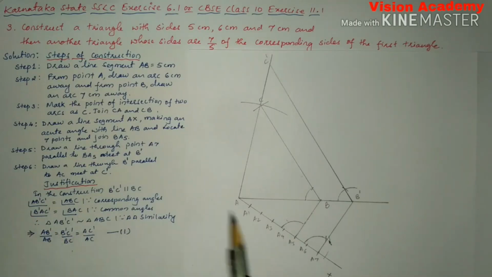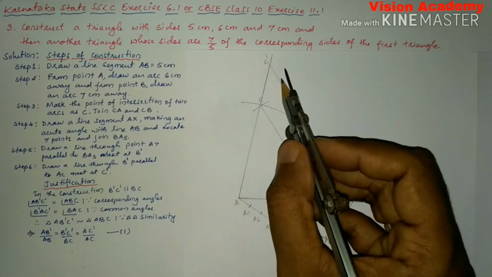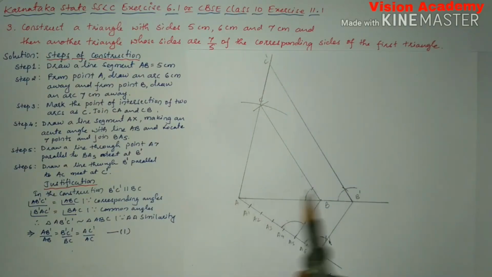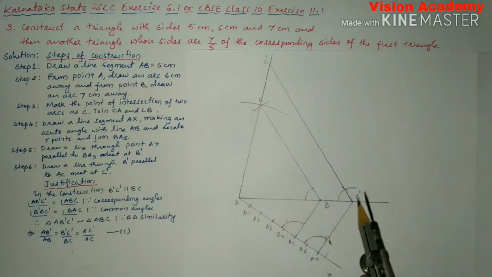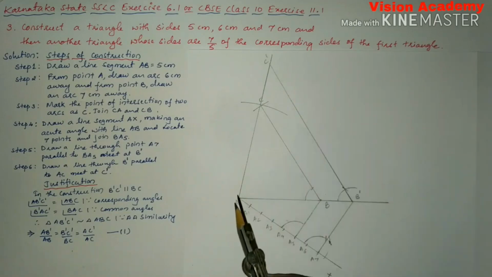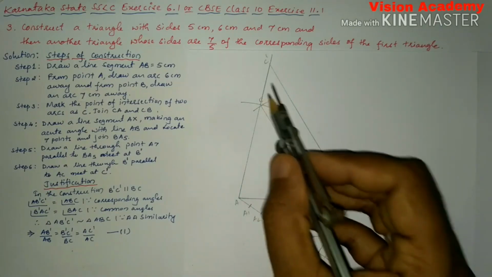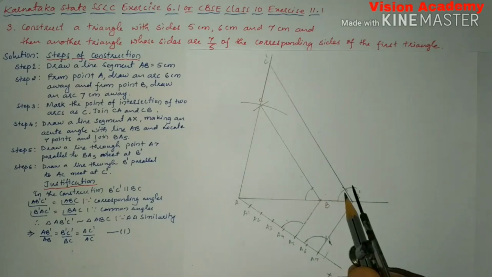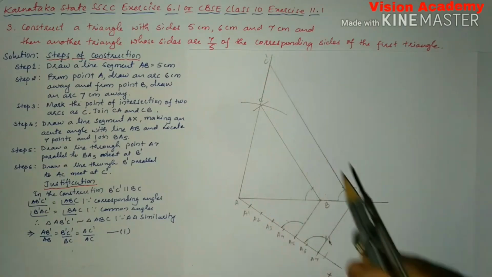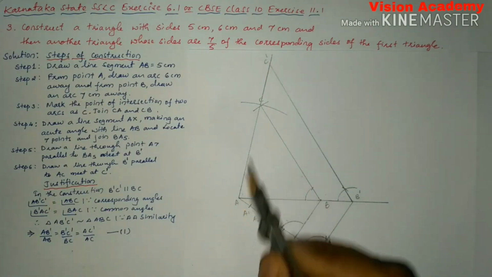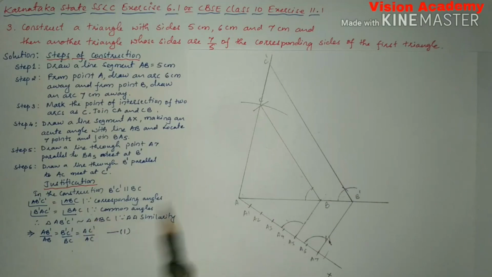Now let us go for justification. In triangle AB'C' and triangle ABC, angle AB'C' is equal to angle ABC, because they are corresponding angles. Now you can see angle B'AC' is equal to angle BAC, because they are common angles.